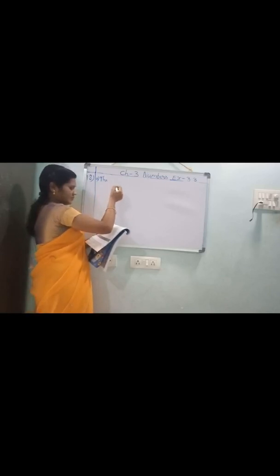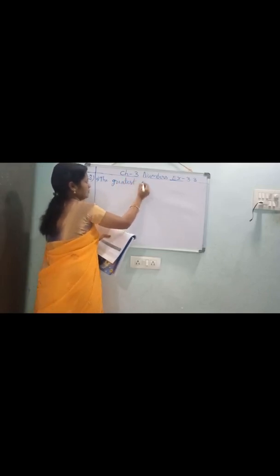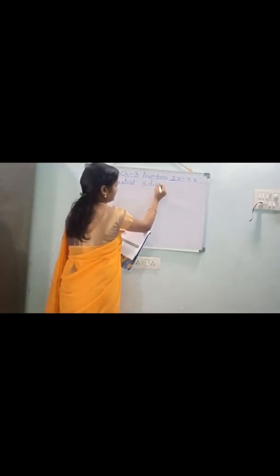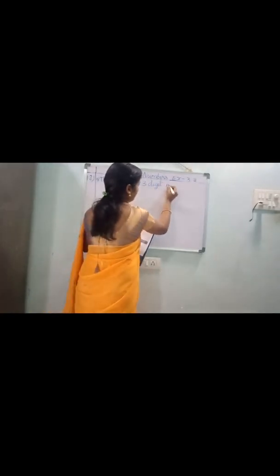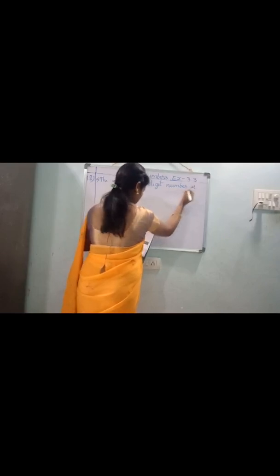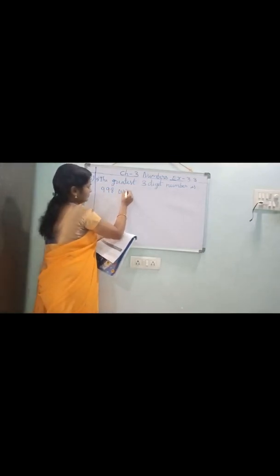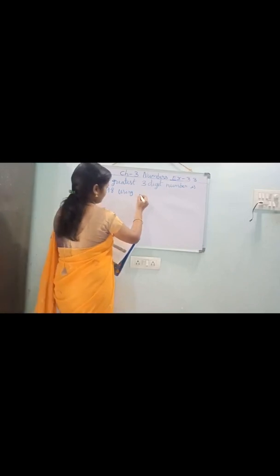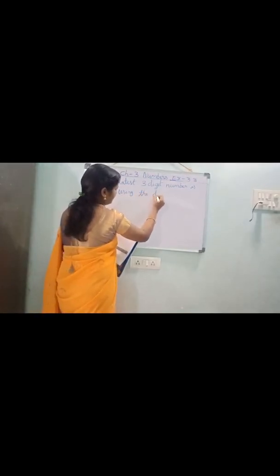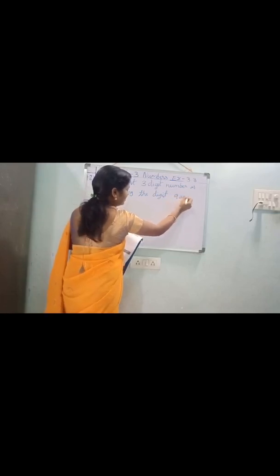Okay. The greatest 3-digit number is, see, 998 using the digits 9 and 8.